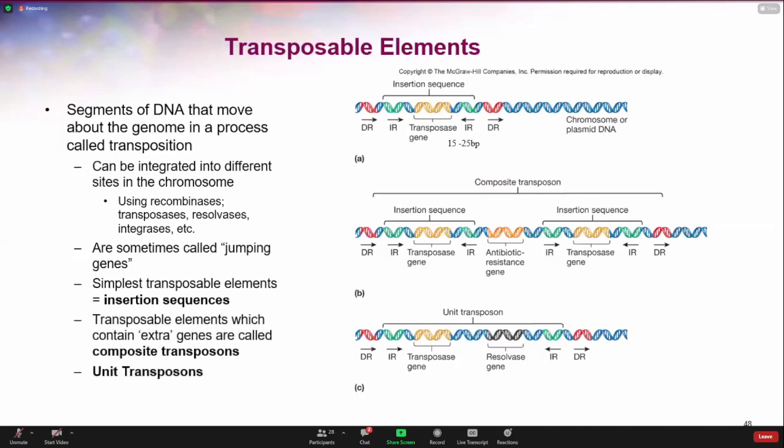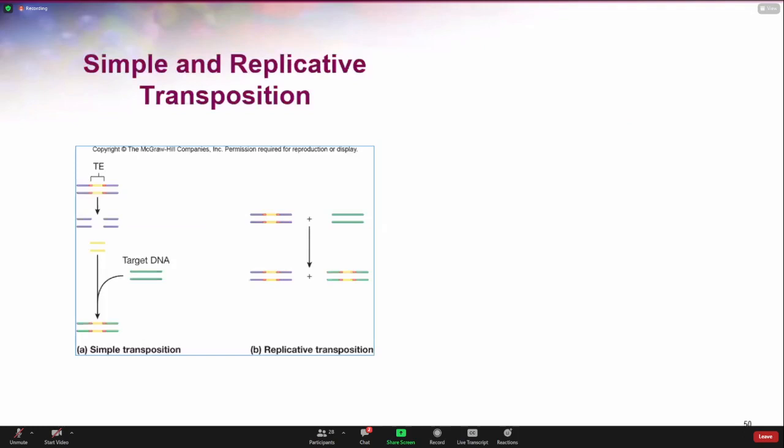Now, how do they introduce mutations? So there are two ways that these transposable elements move about. One is the simple transposition, where you have a transposable element simply excise itself, cut itself out of the original sequence that it was in, and pick itself up and then move to another site on the same genome.